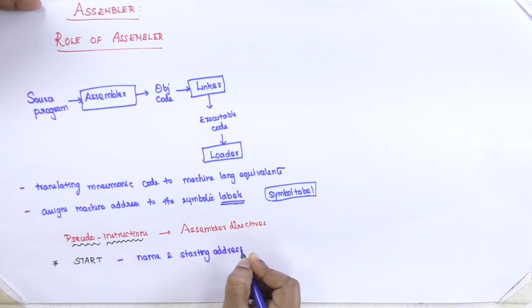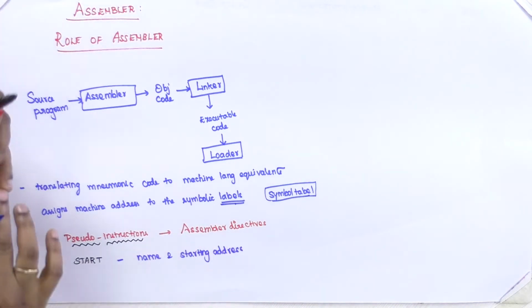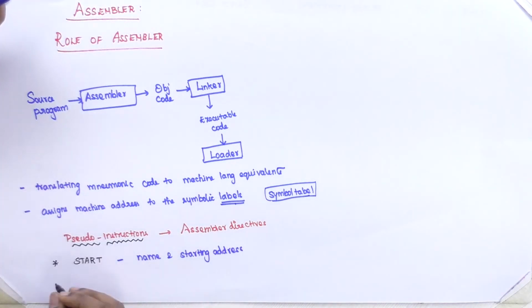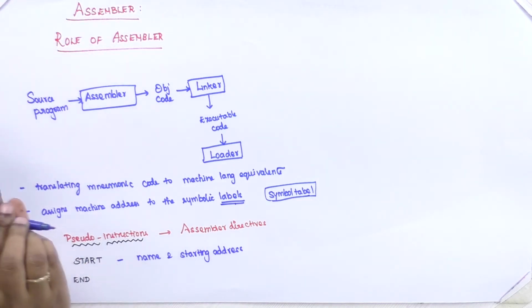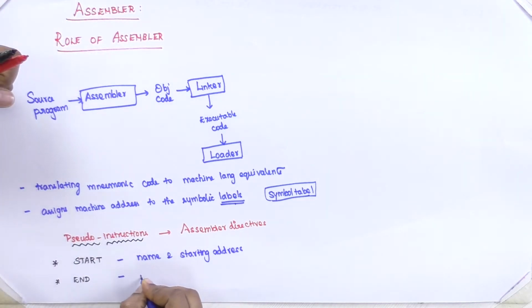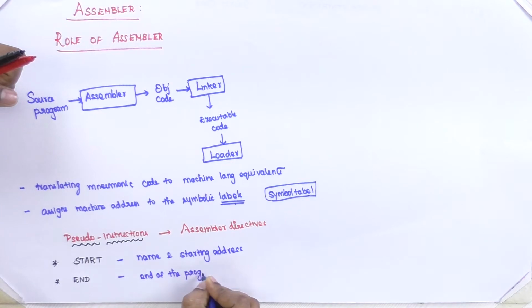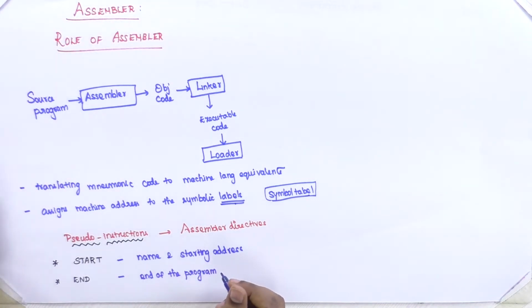Then END. The END assembler directive will indicate the end of the program. For indicating the end of the program, we use the END assembler directive, and optionally it may also contain the address of the first executable instruction.